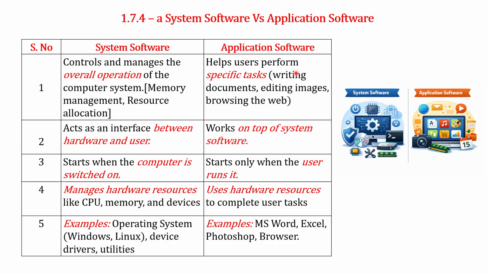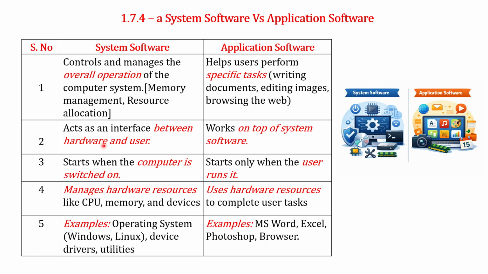Whereas the application software helps the users to perform specific or common tasks like writing documents, editing images, and browsing the web. Different users will have different purposes or needs, so based on their requirement, this software will help the user to perform the task.